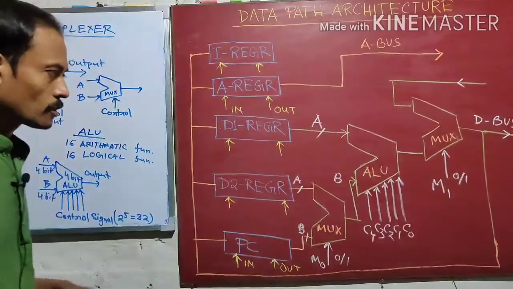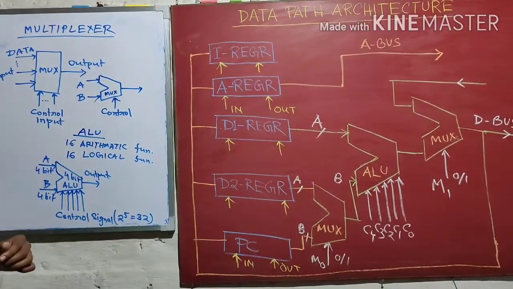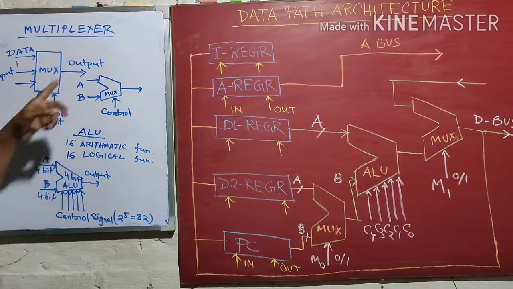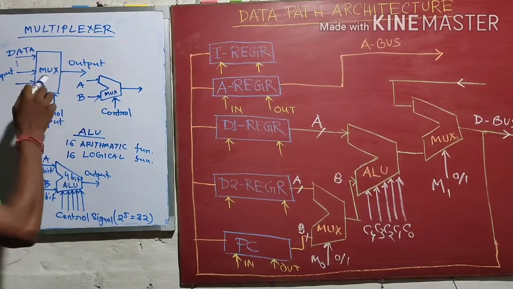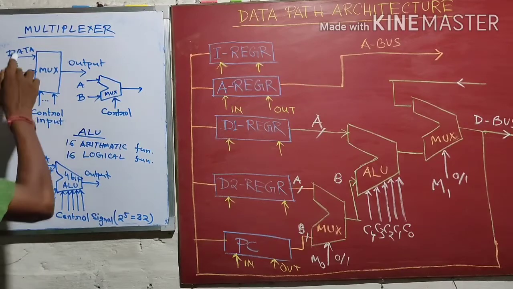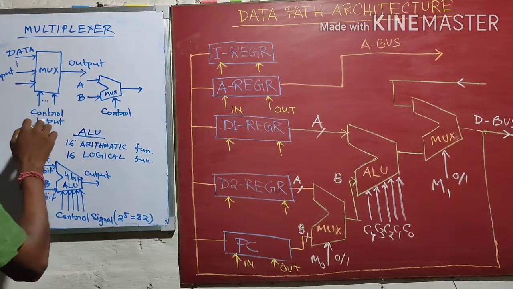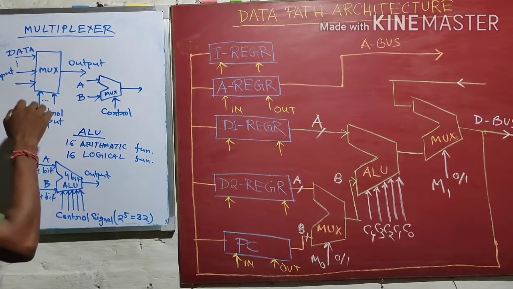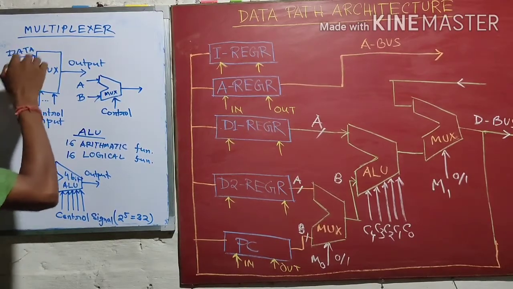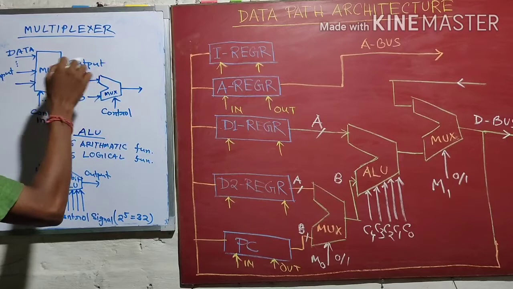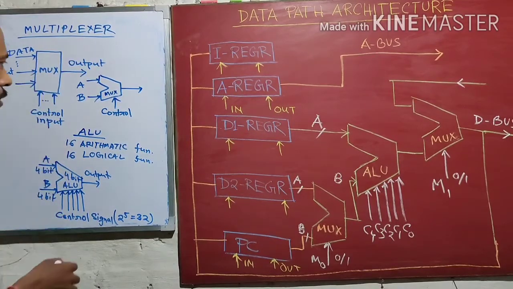Before that, we have to understand one important digital circuit, called the multiplexer. Suppose this is a multiplexer. It has multiple inputs and some control inputs, and on the basis of the control input, any one of the data inputs becomes the output of the multiplexer circuit.